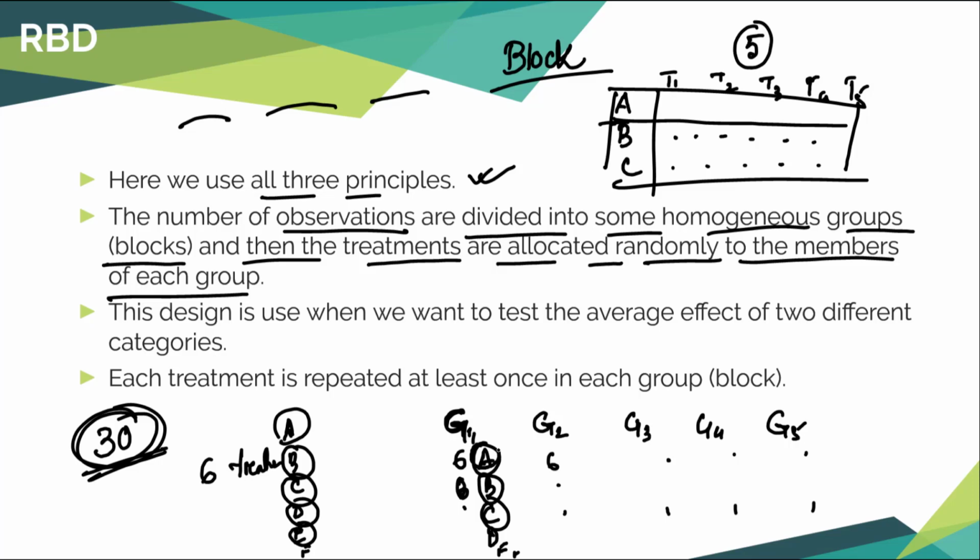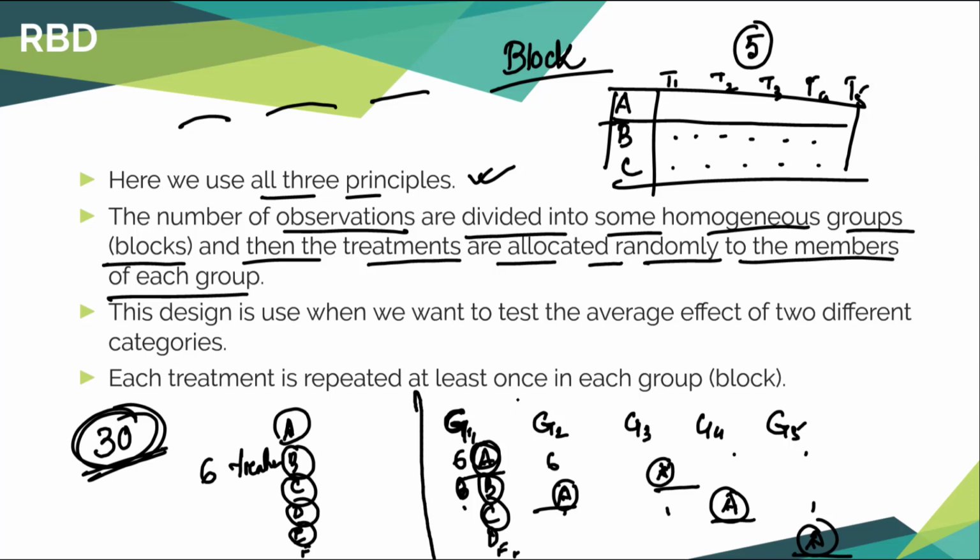Now this treatment A is applied to one member of group 1, one member of group 2, one member of group 3, one member of group 4 and one member of group 5. That means there are 5 persons who received treatment A. That means there is more than 1 people receiving the treatment A. So it is replicating. We are repeating treatment A, right?